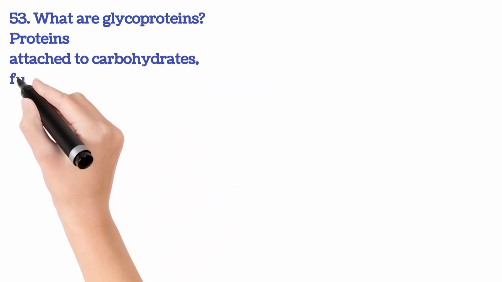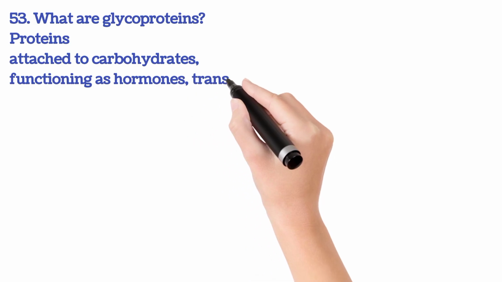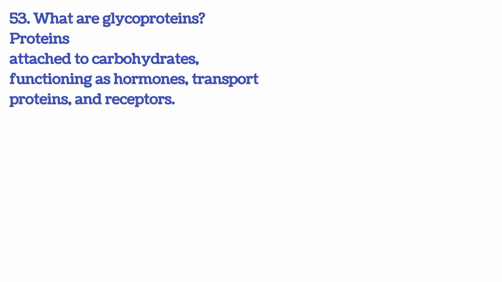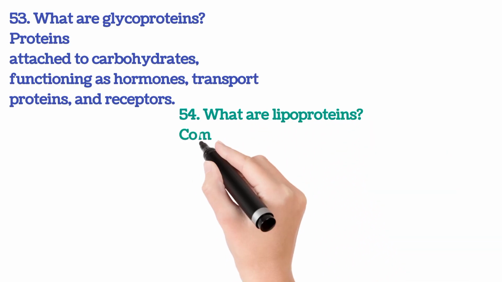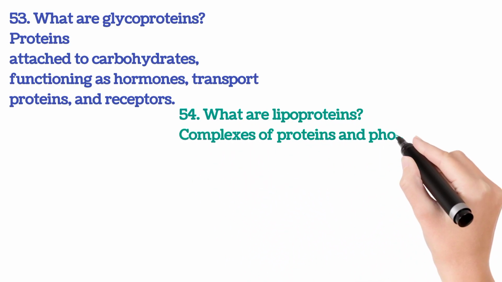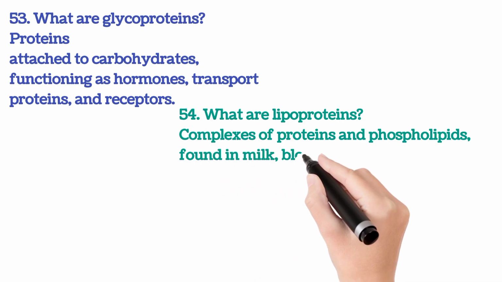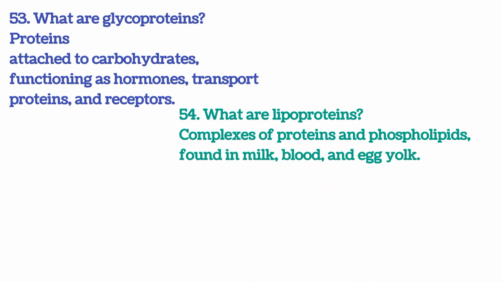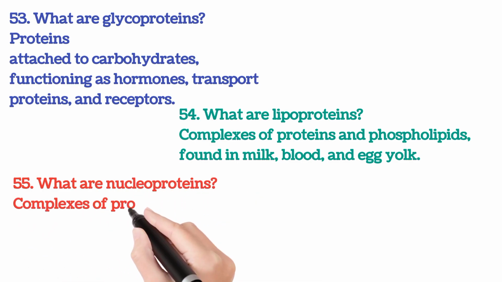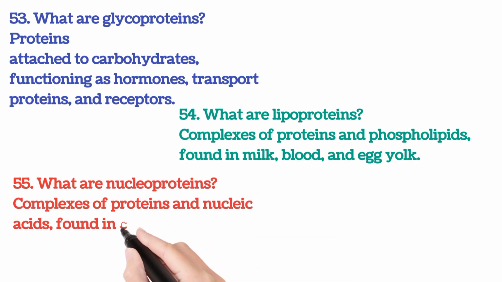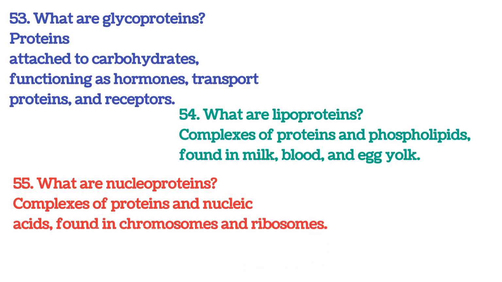Proteins attached to carbohydrates, functioning as hormones, transport proteins, and receptors. 54. What are lipoproteins? Complexes of proteins and phospholipids, found in milk, blood, and egg yolk. 55. What are nucleoproteins? Complexes of proteins and nucleic acids, found in chromosomes and ribosomes.